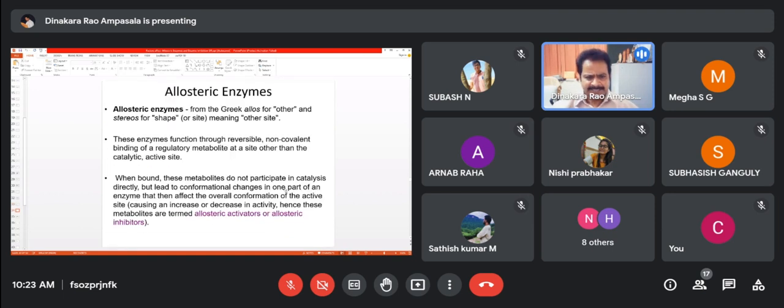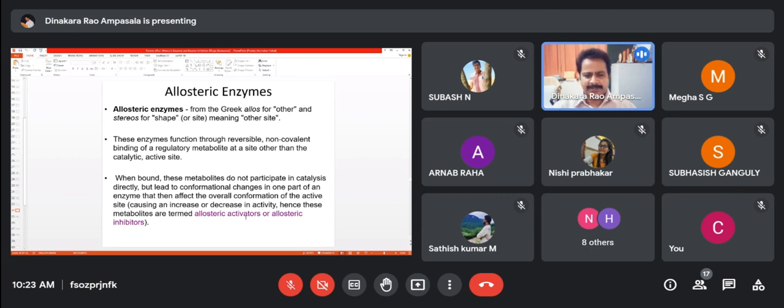So allosteric sites, allosteric proteins, allosteric enzymes, these are Greek words. Allos means other, stereos means shape. In Greek terminology, allosteric means other shape or other site. These other sites are the sites where an inhibitory molecule or an individual molecule will interact with the protein and can activate it.